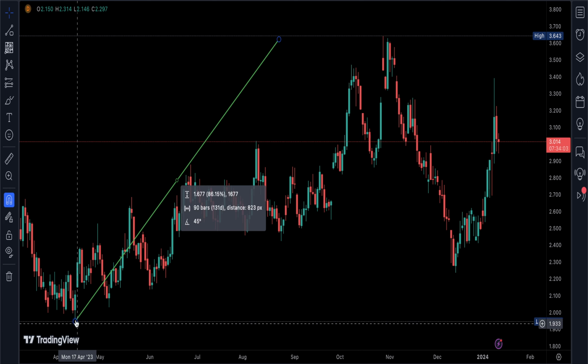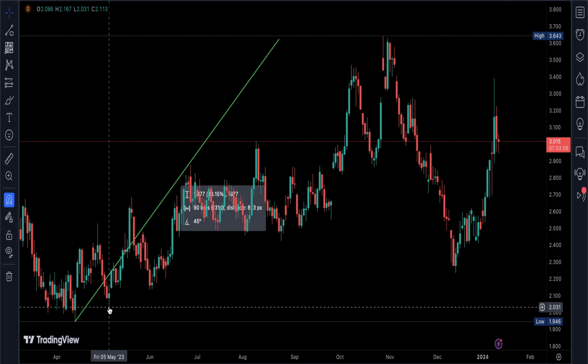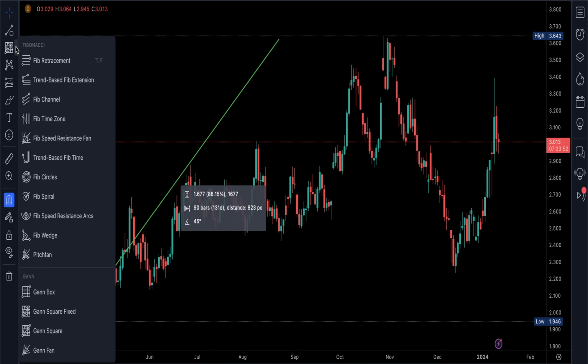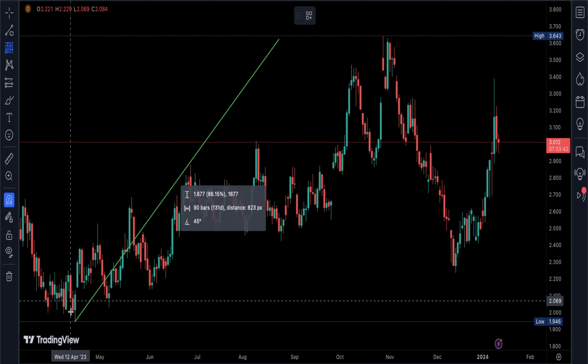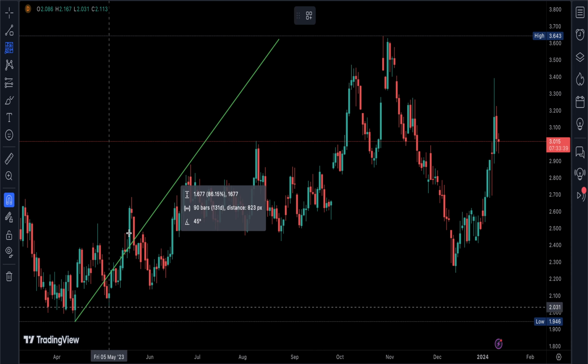This is our low that we haven't taken out. So I always like to take the first 3 impulses of this move and measure it with either a Gann technique or any other technique I find useful. But the important point is this piece right here, because this is your 1, 2, 3.